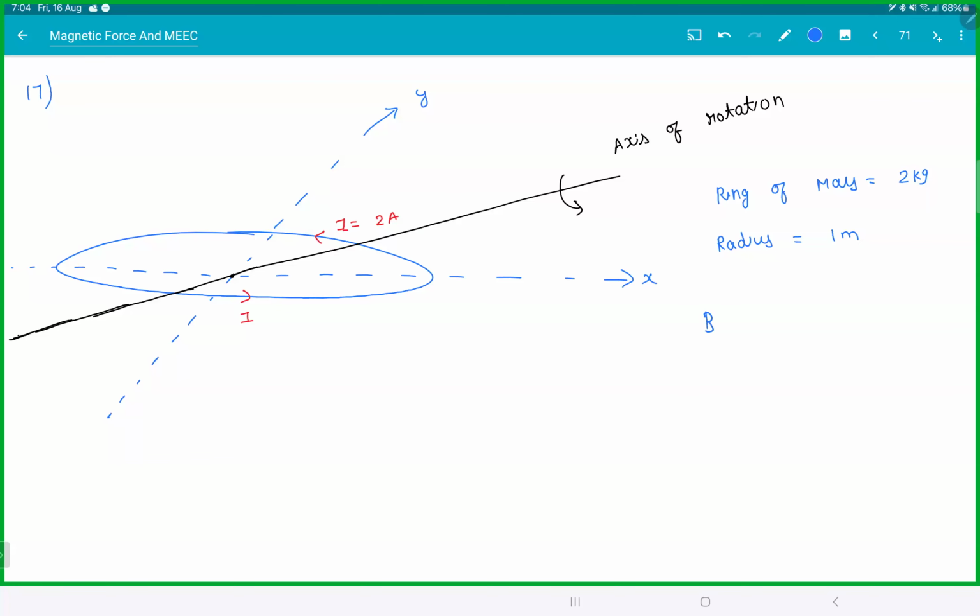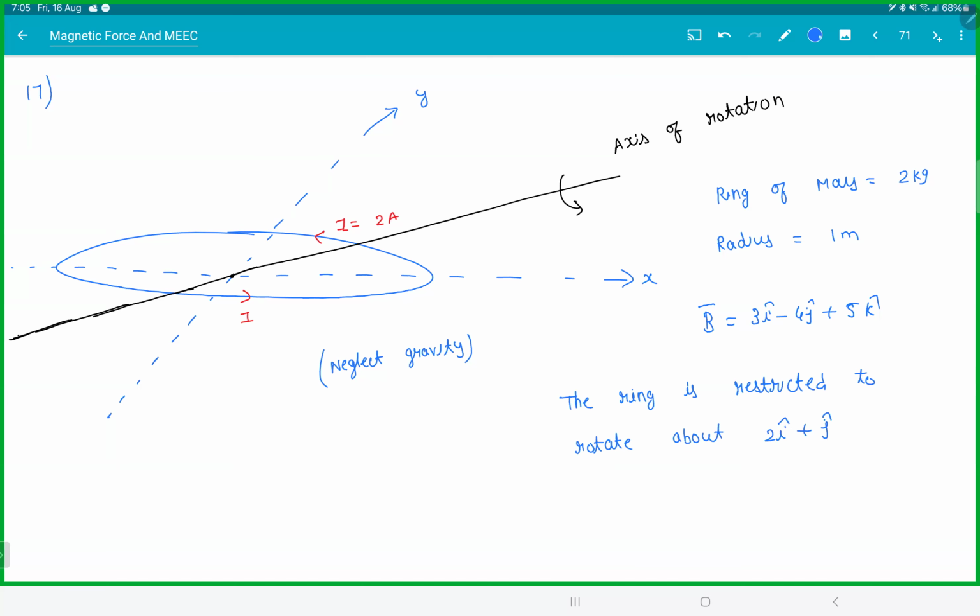And in this region, you're applying a magnetic field B bar, which is 3i minus 4j plus 5k. Getting it? And neglect any gravity here. So the question is, the ring is restricted to rotate about an axis along 2i plus j, that axis of rotation is there.